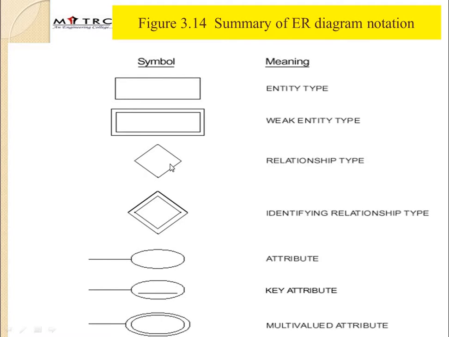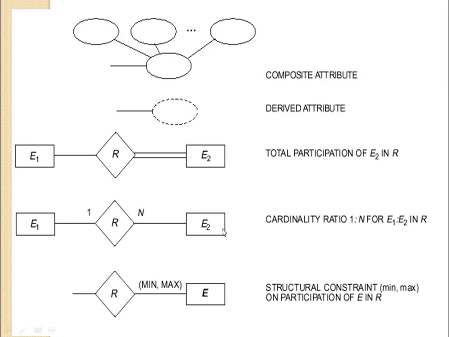This is the simple relationship type symbol, while this is the representation of the identifying relationship type. These are the attribute symbols, with the key attribute represented like this, and this is the multi-valued attribute. We have also seen the composite attribute and derived attribute symbols like this.